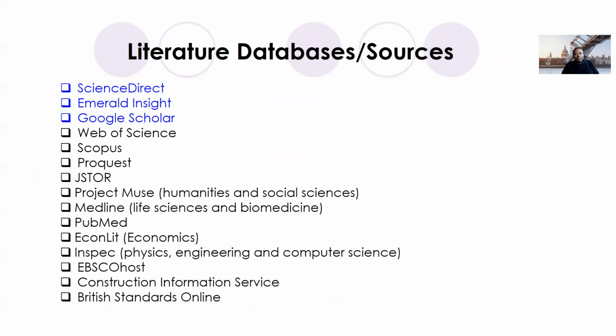And so you have so many databases. I've just selected a few. I've highlighted the three there: Science Direct, Emerald Insight, and Google Scholar. Those are the ones that I would demonstrate on how to get articles from in a minute.